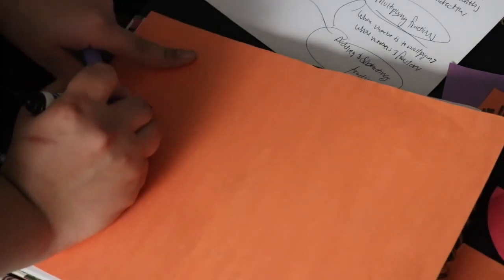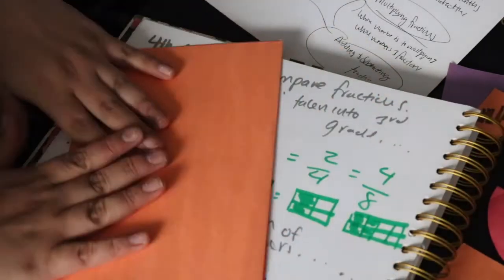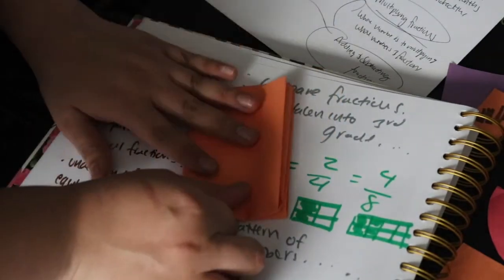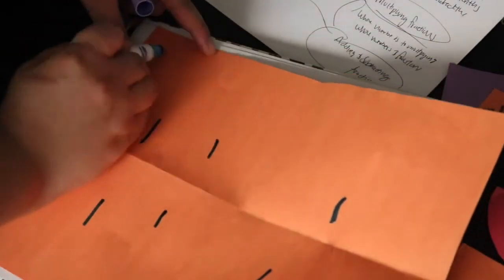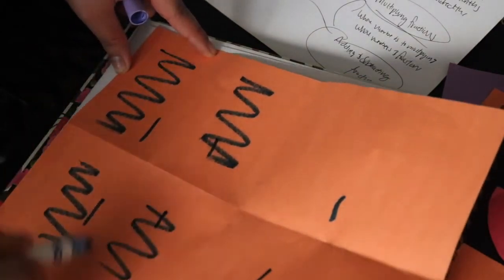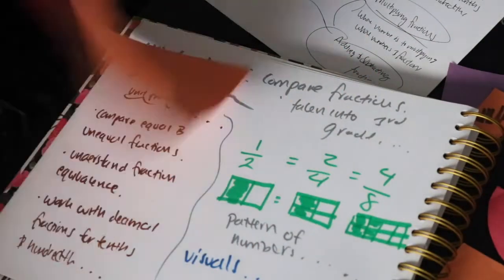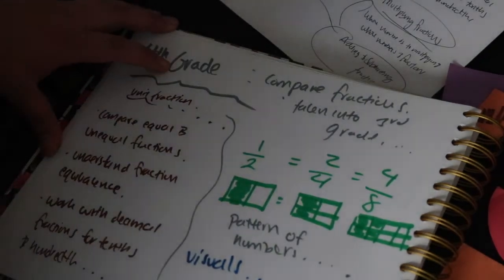But another way that they can do it is by using visual representation. So we can see that one whole paper cut in half will be the same if we cut it into smaller pieces, and continuously doing that until we can see that 4 out of 8 is the same as 1/2.